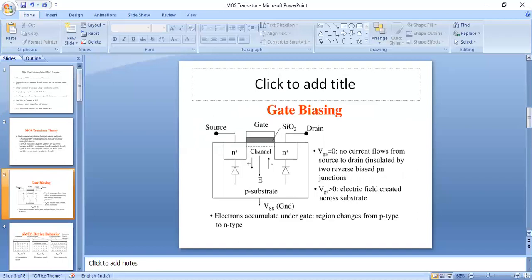What we are observing from this diagram is that above this P substrate, we have silicon dioxide. The silicon dioxide is acting as an insulating material. It will offer a good dielectric property as well as an insulating property. The third one is the masking property.